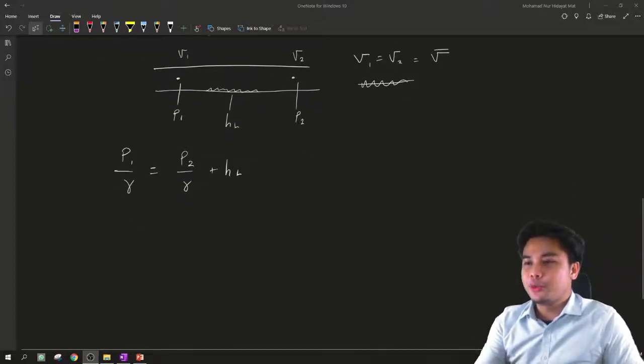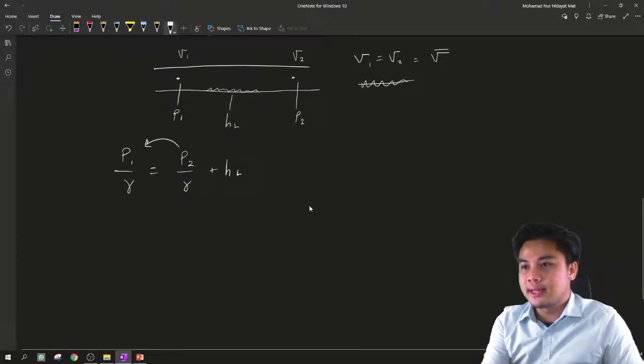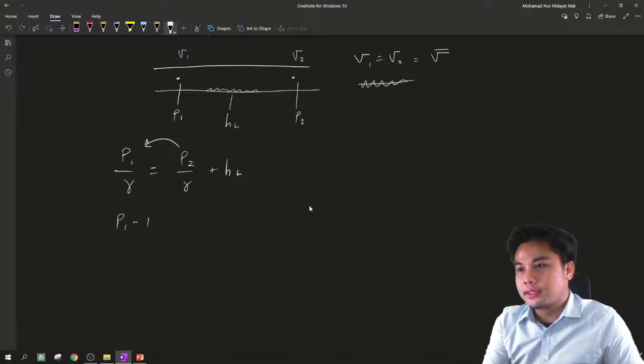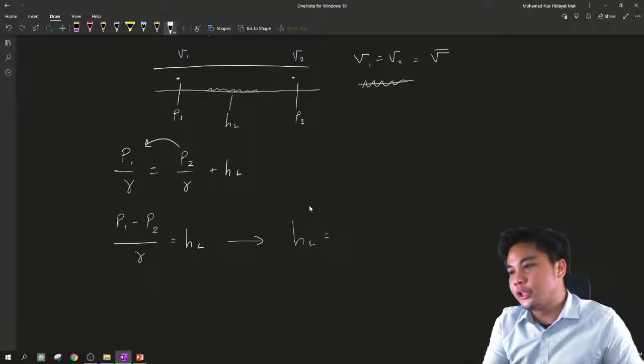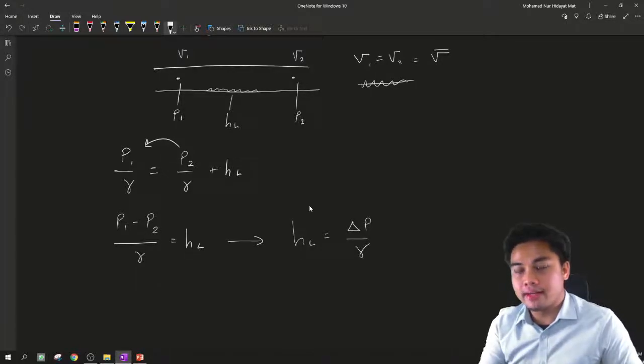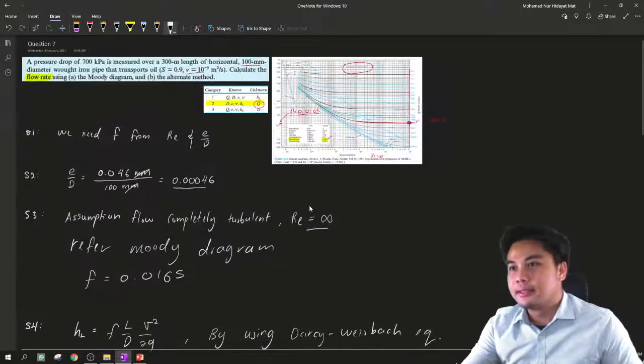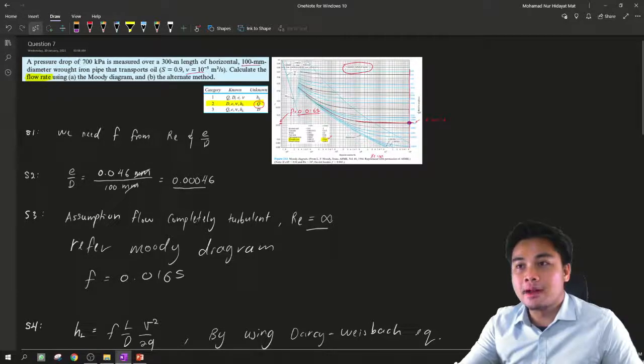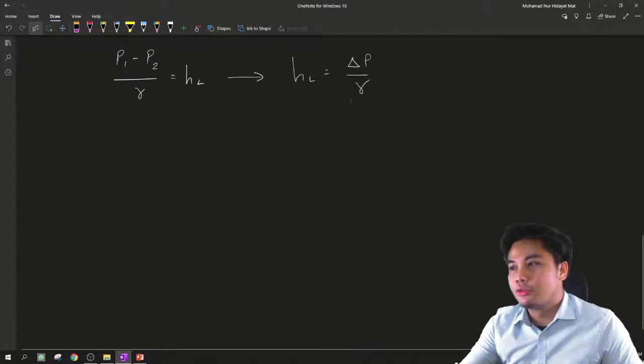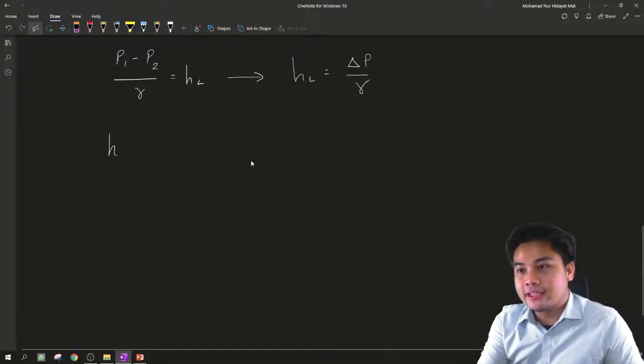Thus, we arrange this and move it to the other side. So P1 minus P2 over gamma equal to heat loss. In other words, heat loss is equal to the pressure drop over gamma. So we can get the heat loss directly. Here, the pressure drop is given as 700 kilopascal, so we can get the HL using the pressure drop.